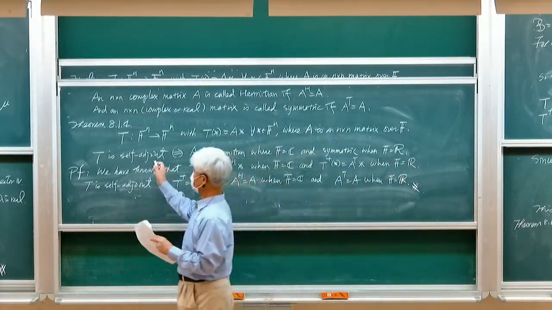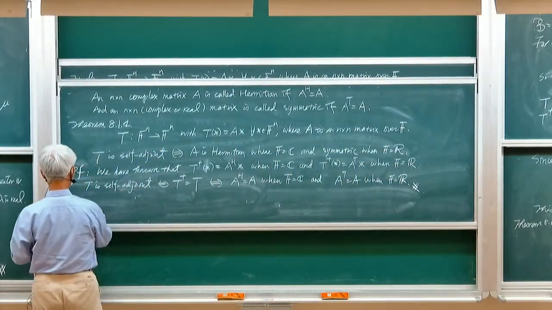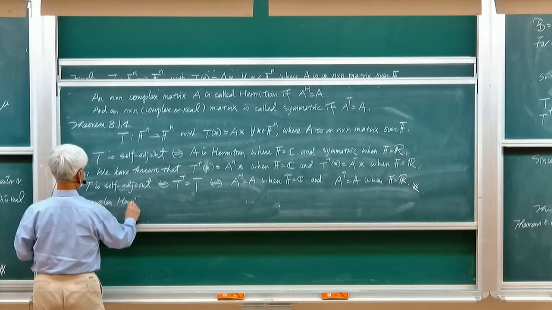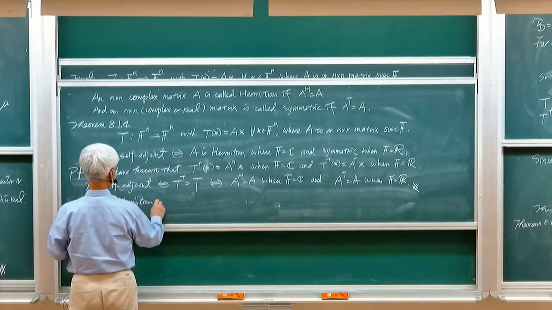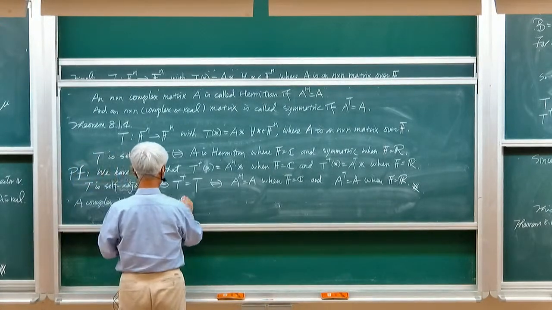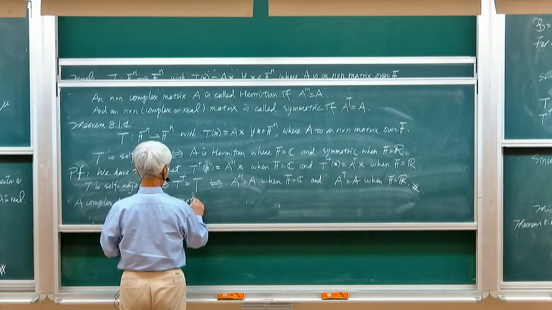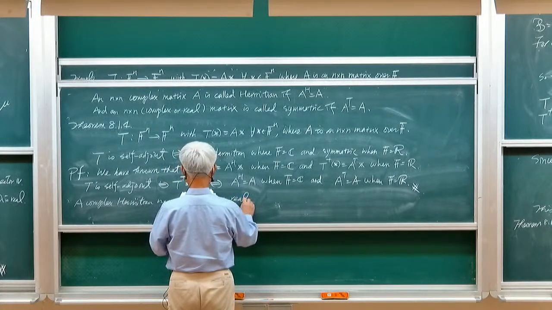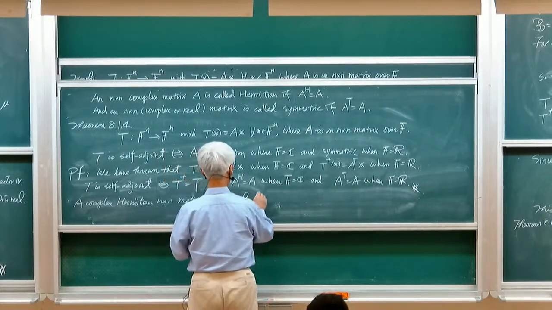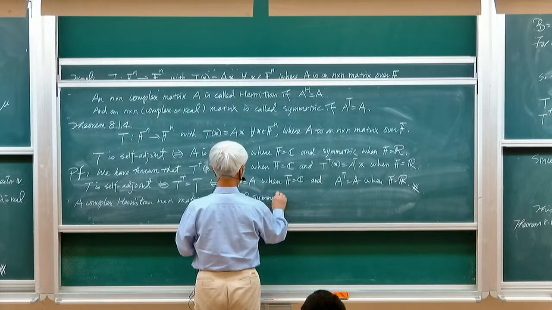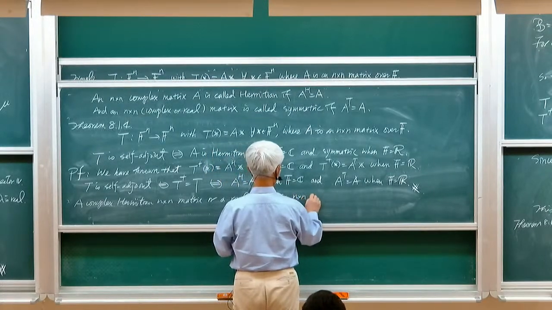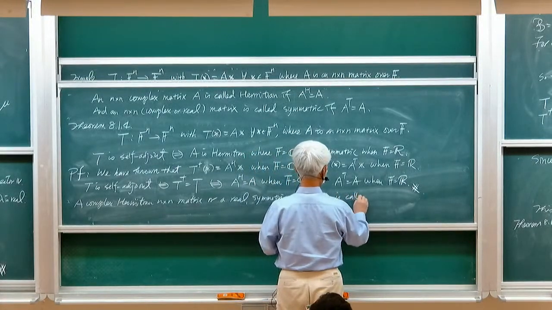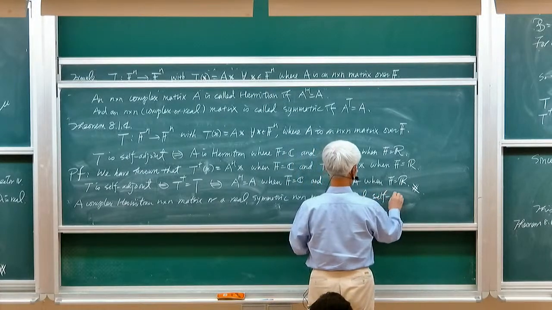So for this reason, a complex Hermitian n times n matrix or a real symmetric n times n matrix is called self-adjoint.